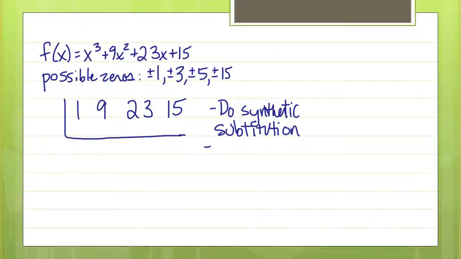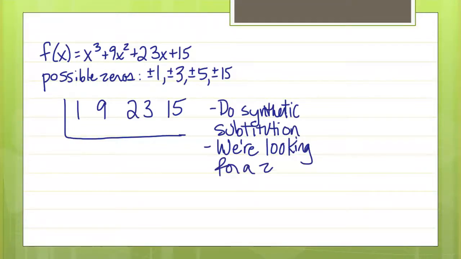Do synthetic substitution, and what we're looking for is a 0 at the end. We're looking for the fact that if we plug in this value of x, the function is going to be equal to 0. Or if you like thinking about it as a y, my y would be 0.